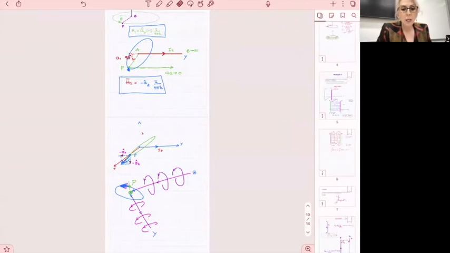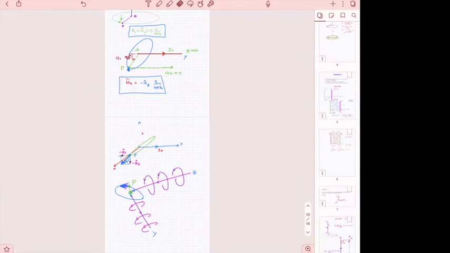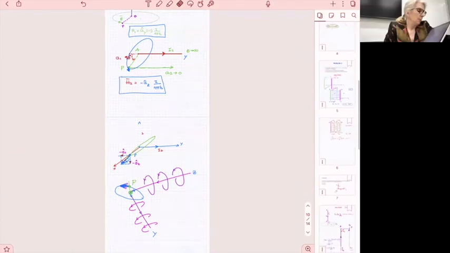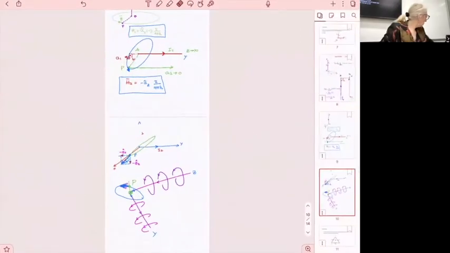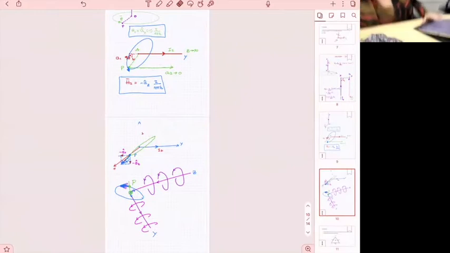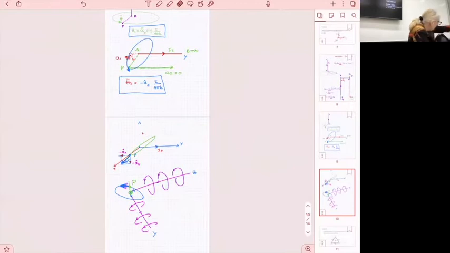Yes. So if you take the two fields, let me find my pen. Ah, there it is, on the right.